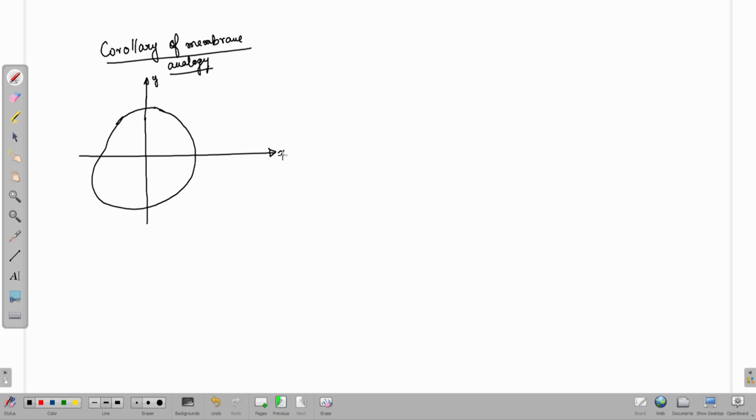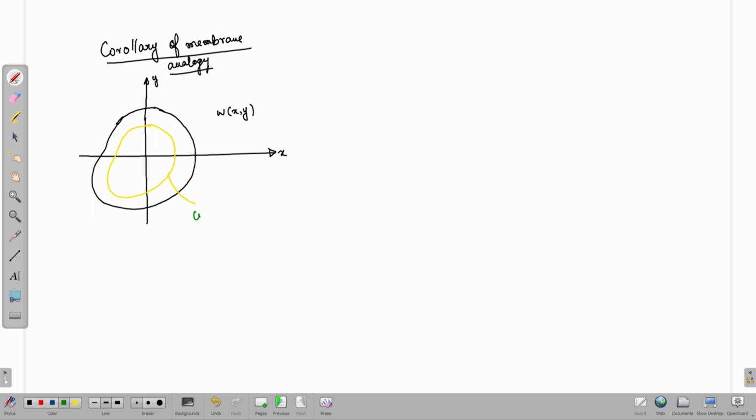Now, once I know the W of x y of this membrane, either mathematically or by visualizing it, then I can also visualize contour lines inside the membrane.